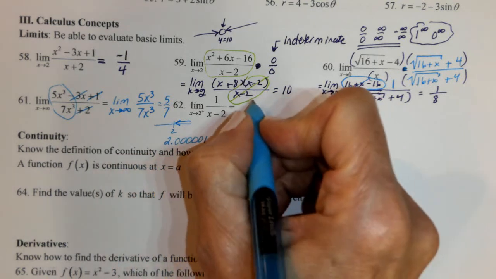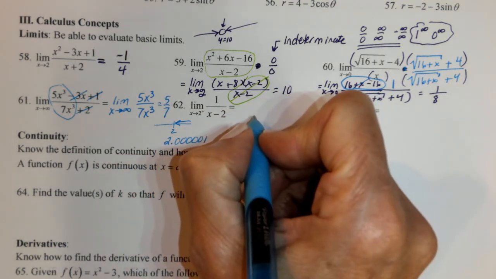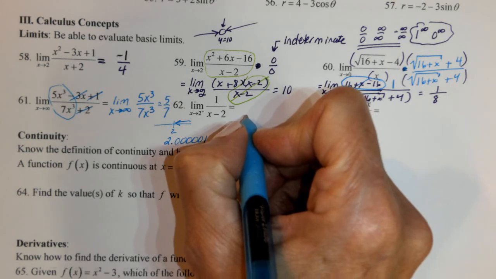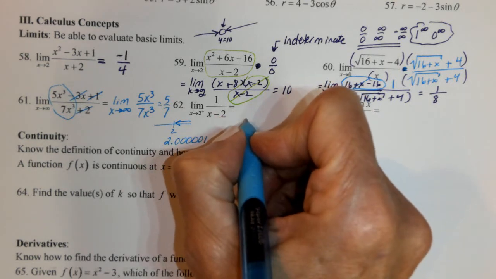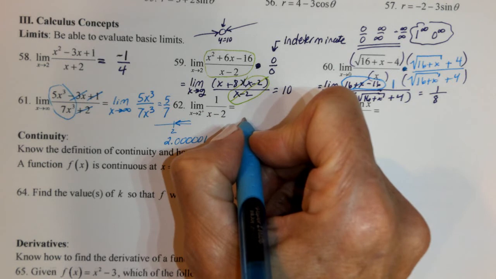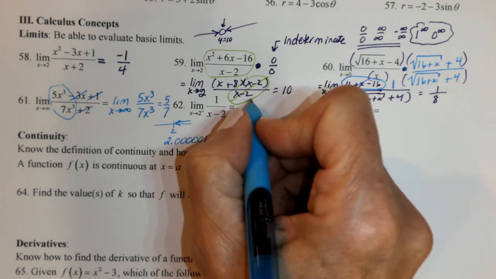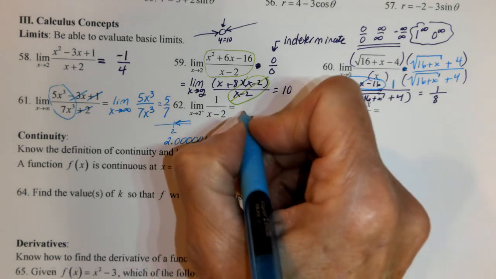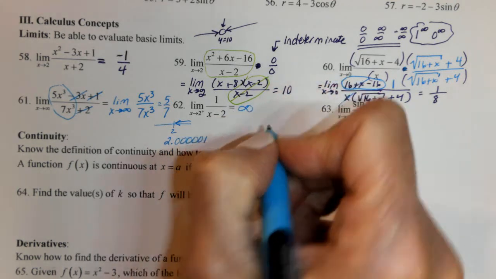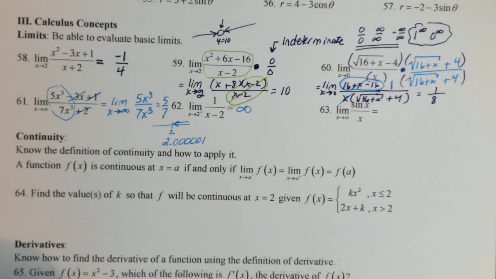So we have 1 divided by a tiny positive number. And when you're dividing by a very tiny positive number, you're going to get infinity. And it's going to be a positive infinity. Just like that. Okay? That limit is infinity.